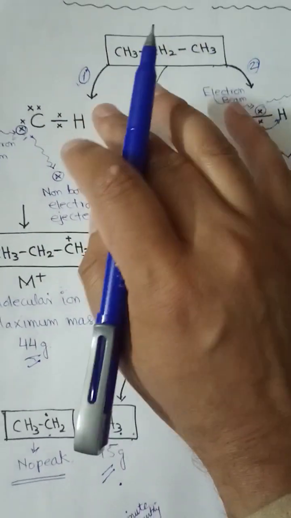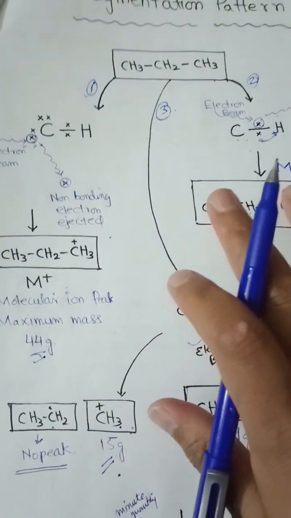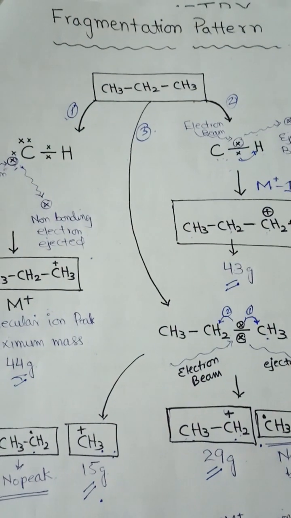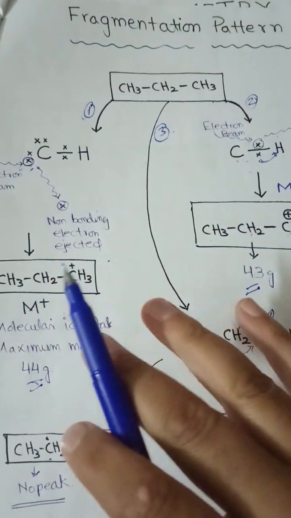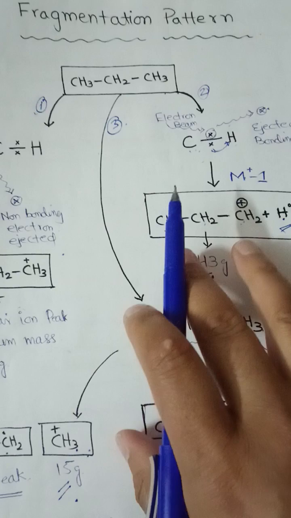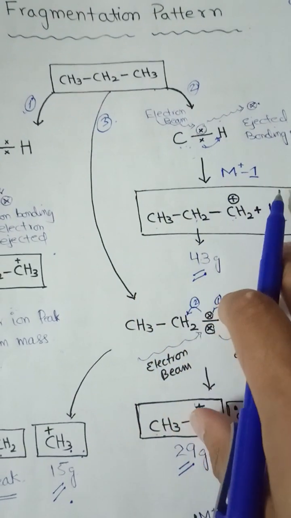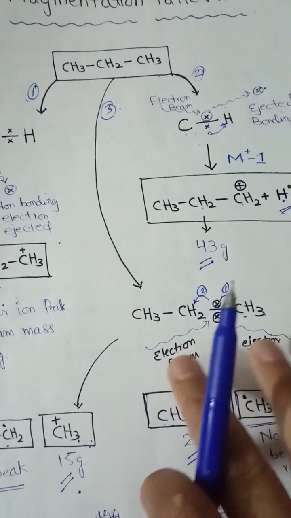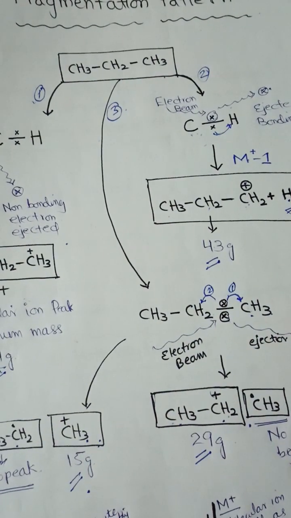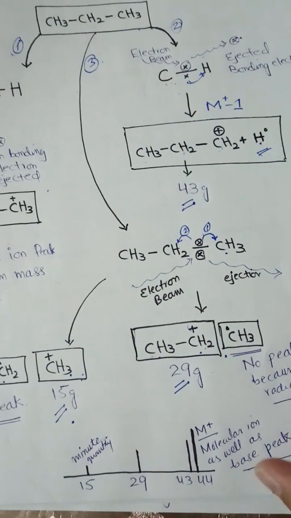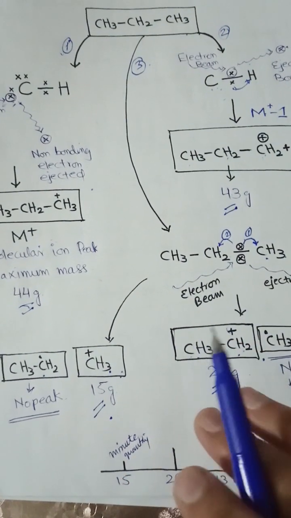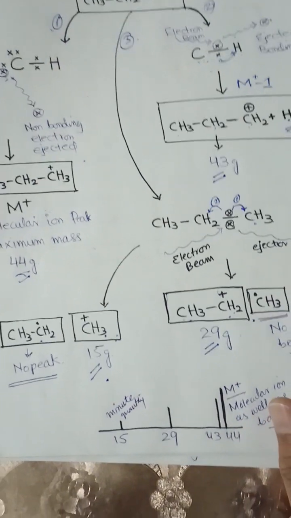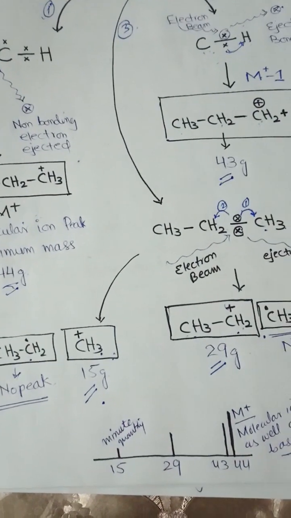So we discussed that the fragmentation pattern may be different, and it either gives us a molecular ion peak, or a molecular ion peak less one proton, or different fragments. It also depends on ionization techniques. There are two types of ionization techniques, soft and hard, and we will discuss how fragmentation will occur or not.